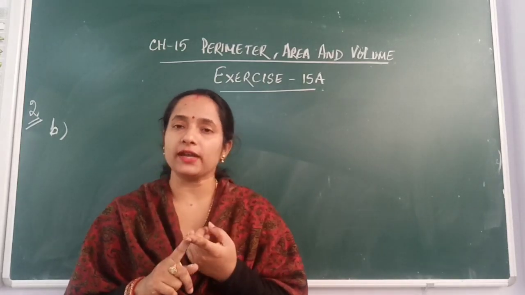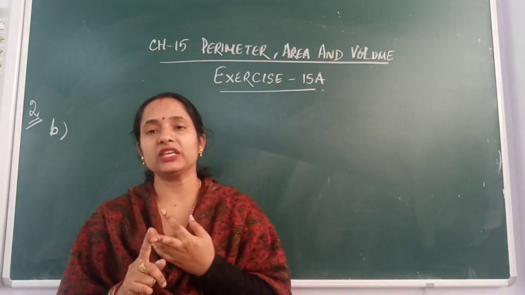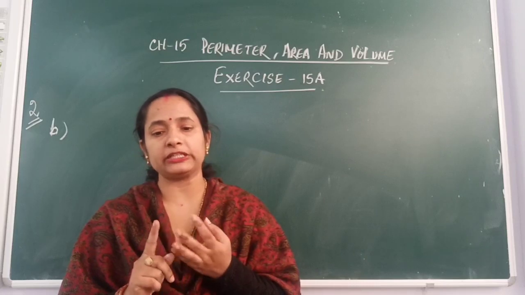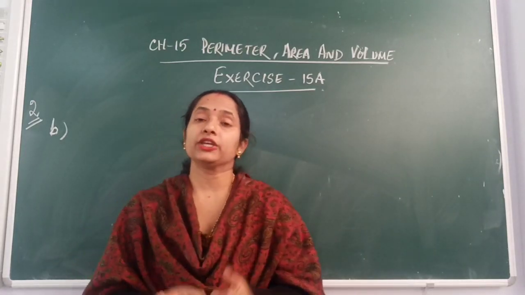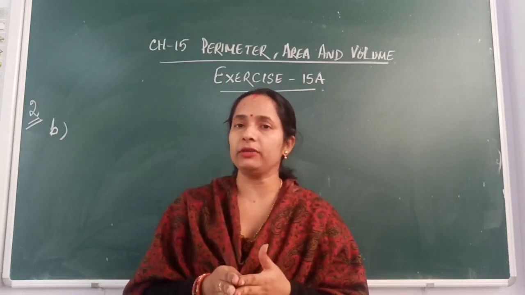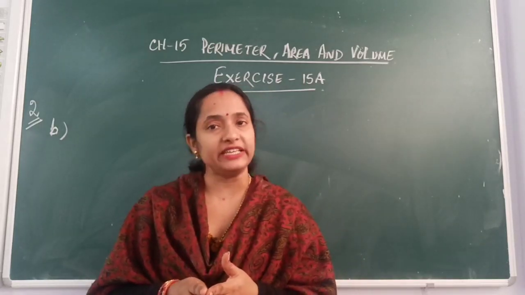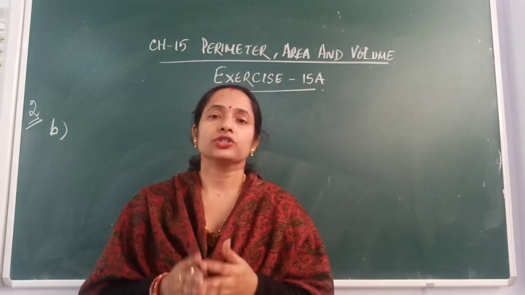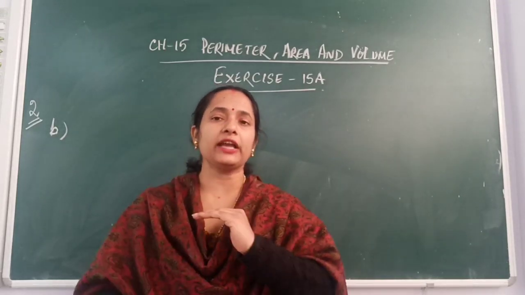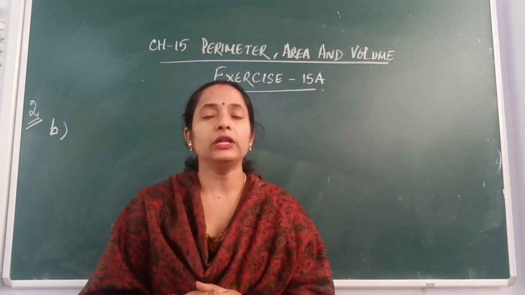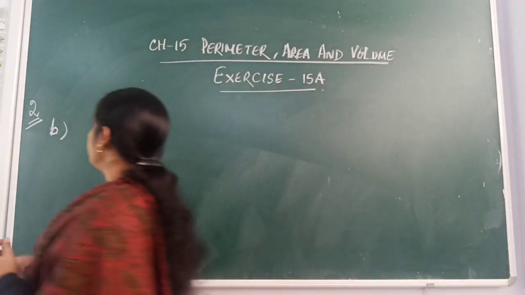The first is given 9 centimeters, second one, bit B, is given 500 millimeters, and in bit C you are given 2 meters. So what you need to do is write the perimeter of the square in terms of centimeters only. Okay, so first you find the perimeter, and whatever the unit is there, you can convert that unit into centimeters. So let's do bit B.